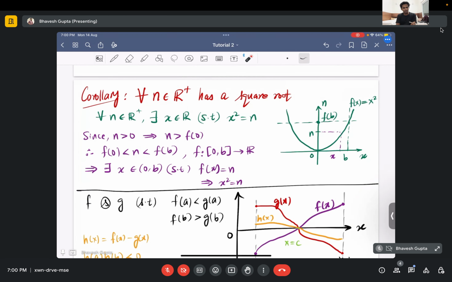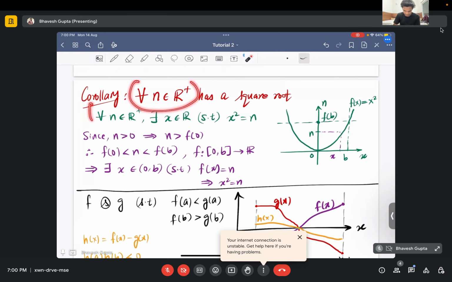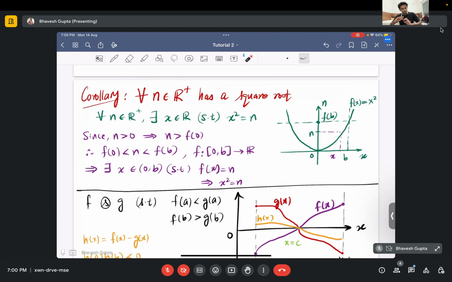So the idea is that over here, for all values which have a square root, we can say there exists a real number such that if we square that real number, we will get the n value.